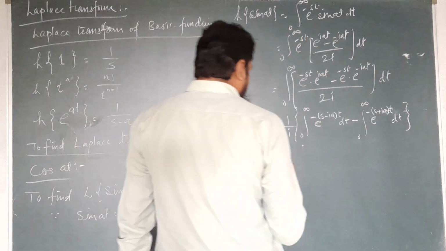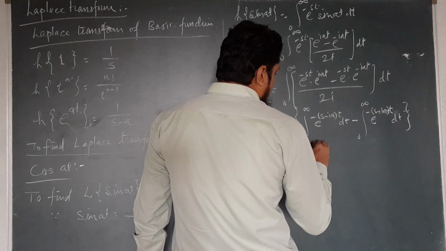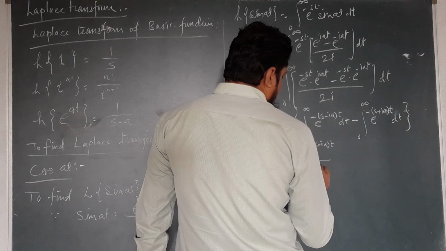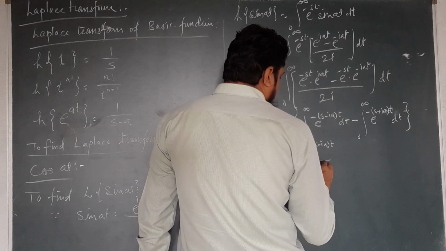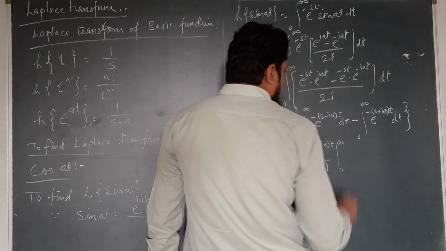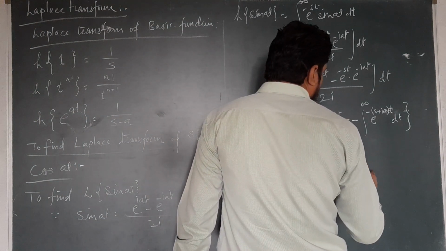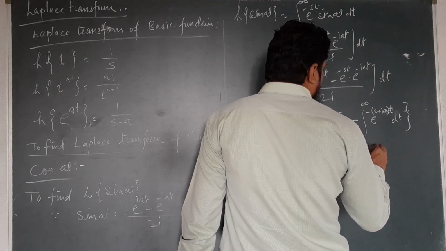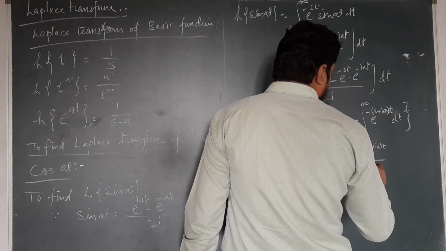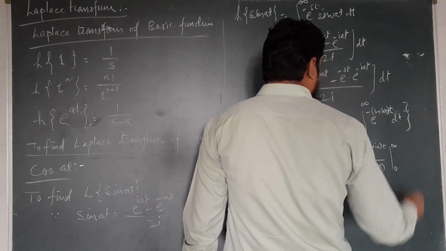And if we integrate this, we get 1 upon 2i as it is, e raised to minus (s minus ia)t upon minus (s minus ia), with limits running from 0 to infinity. Similarly, we can write this also: e raised to minus (s plus ia)t upon minus (s plus ia), from 0 to infinity. Correct?